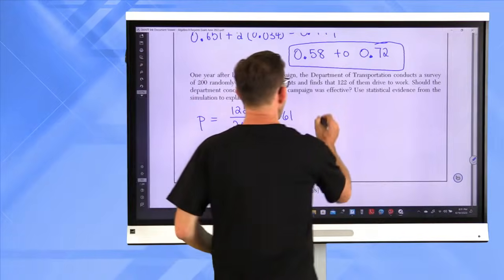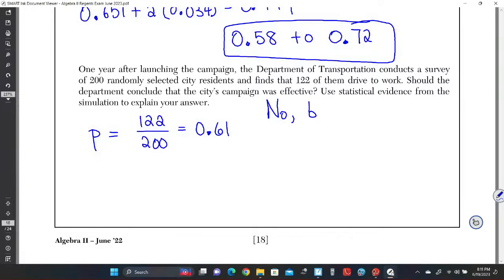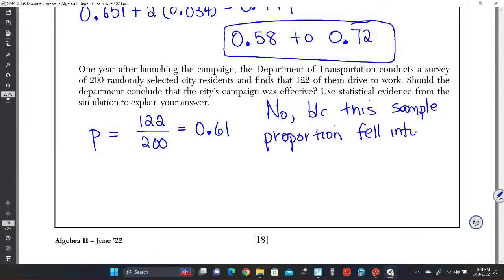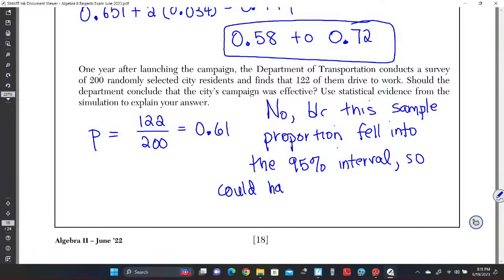So the answer is no, because this sample proportion fell into the 95% interval, so could have happened by chance alone. Now, don't get me wrong.